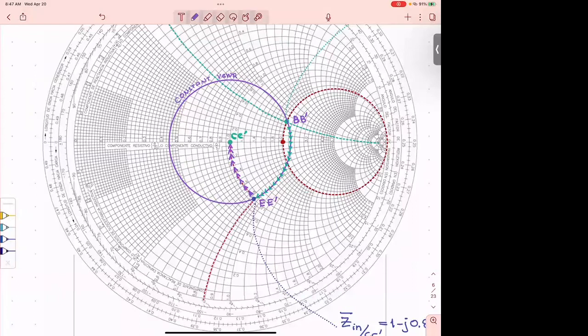Why did I stop here? If I stop at this point and I want to move again, the only way to move is along those lines.